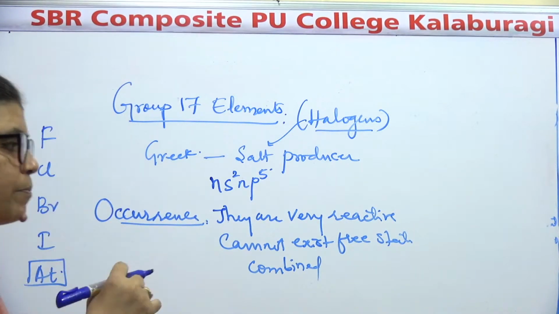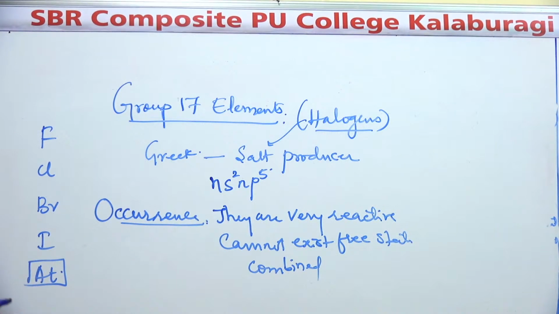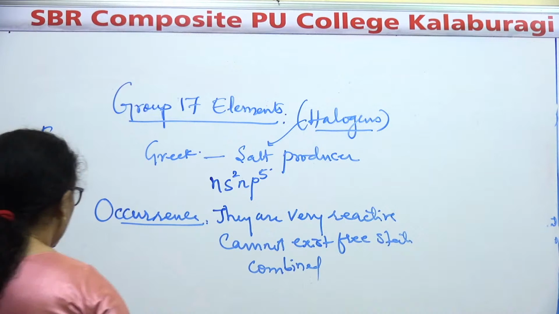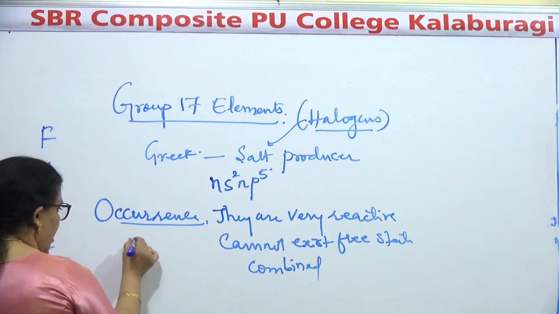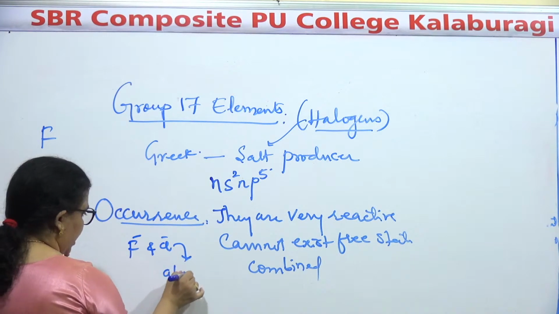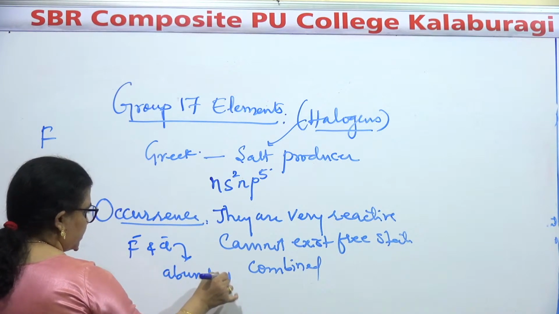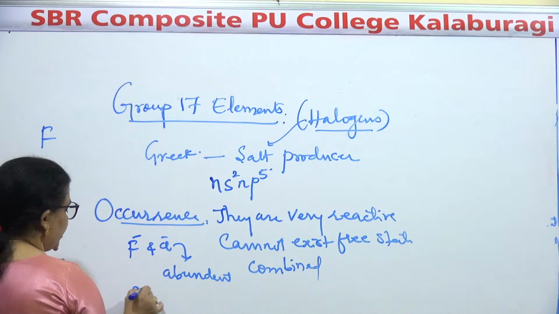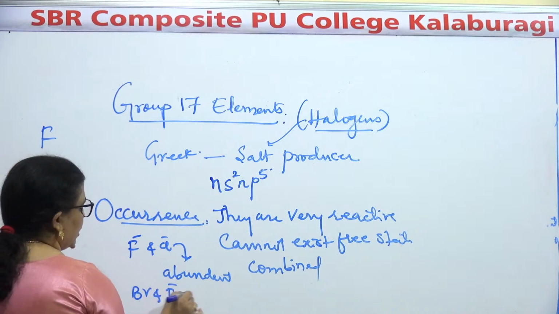In that combined state, chloride and bromide. In the combined state, all the halides except astatine are found in the earth crust, where fluoride and chloride are fairly abundant, whereas bromide and iodide are less abundant.